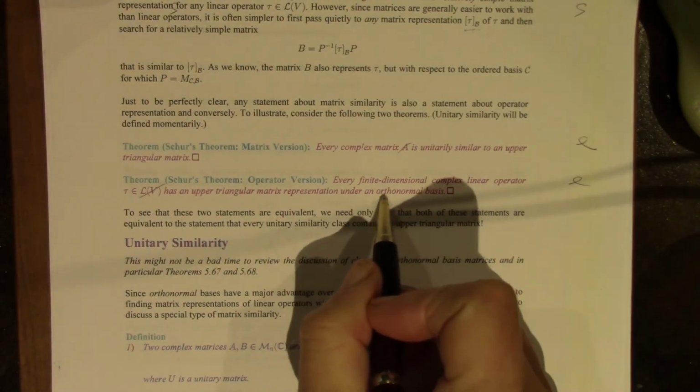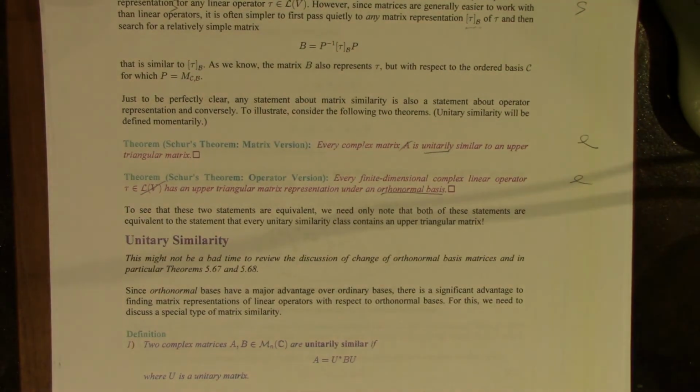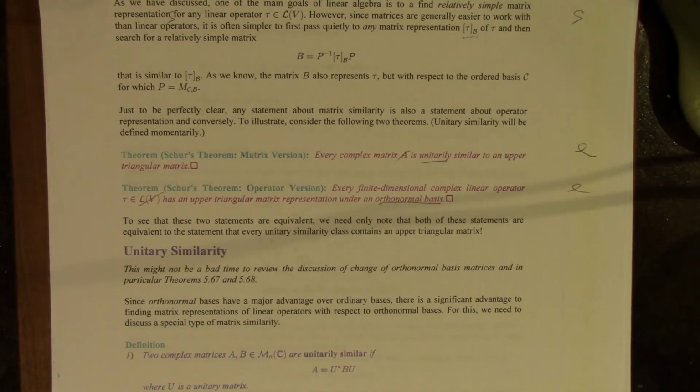Now, the orthonormal basis part connects with the unitary similarity. But the point is, these two theorems are equivalent. They say the same thing. And the easiest way to see that is to note that both of these statements are equivalent to the statement that every unitary similarity class contains an upper triangular matrix.